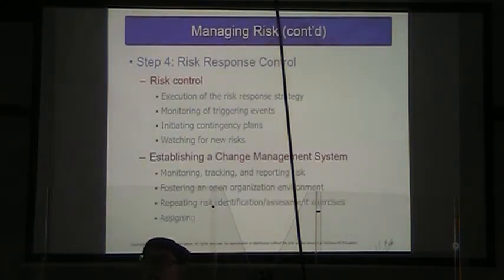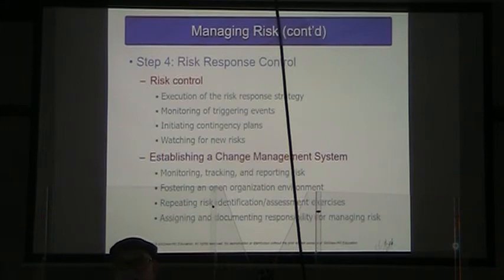All right, so that finally brings us to step 4 in our managing risk project process, and that is risk response control. So risk control is execution of our risk response strategy, right?